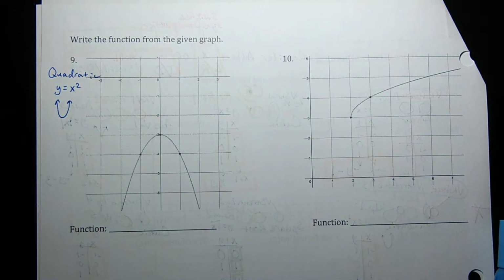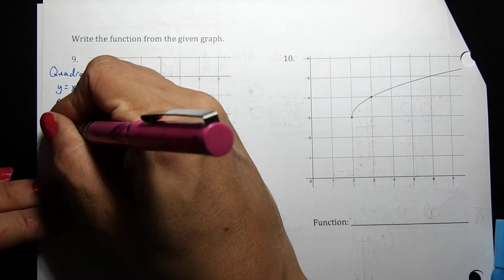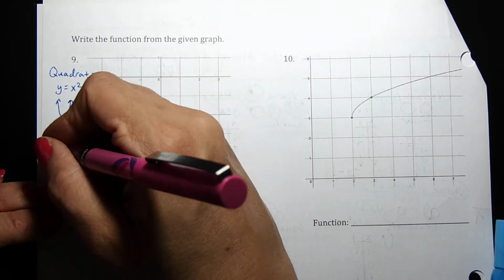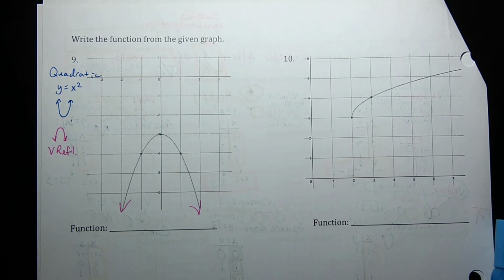So we want to try to figure out what transformations have been brought upon this quadratic. I normally look at the shape first. Does it look like this has been vertically reflected? Yup, because it is upside down. So a vertical reflection has definitely occurred.